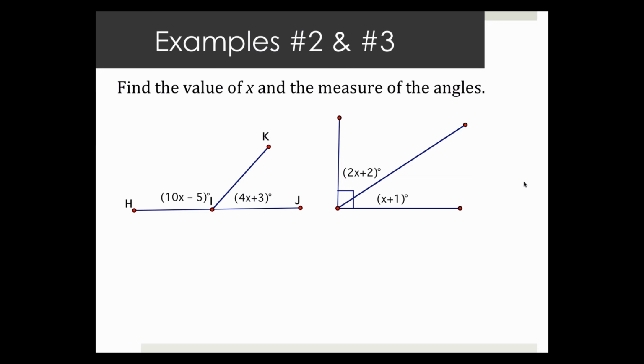While you're working, what kind of angles are pictured in that diagram? Nope. We haven't talked about corresponding yet. That comes up in a couple weeks. They're complementary. Adjacent. Anything else? Nope, that's it.